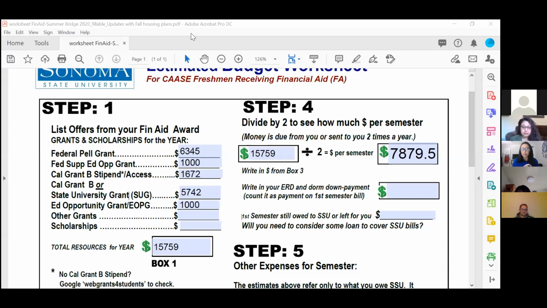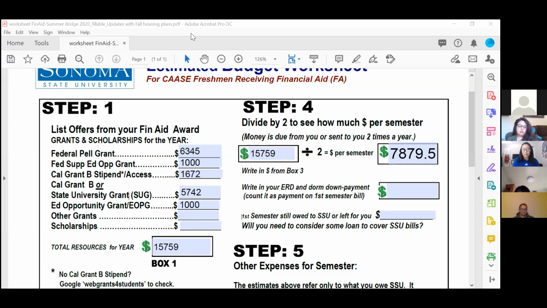So for those of you who do have federal work study, you see a $3,000 amount on your award. Again, you have to work in order to receive that money. The way I explain it to my students is, I'm an employer in EOP. If I hire you as a student assistant, and I don't have money out of my own budget to pay you, and if you have federal work study, then the federal work study will pay you as you're working in the EOP office. Okay, so hopefully that makes sense. Feel free to follow up with us if you have further questions about that federal work study.